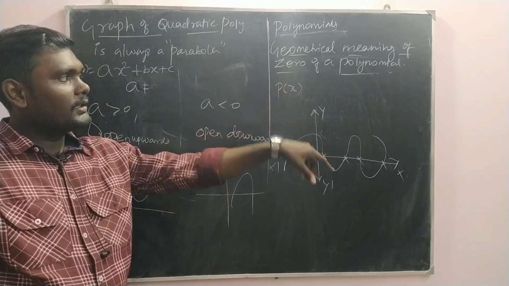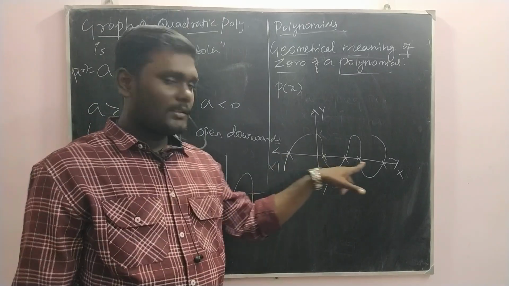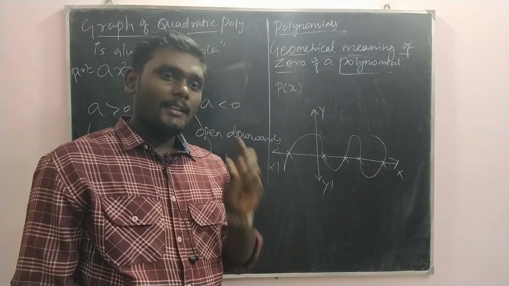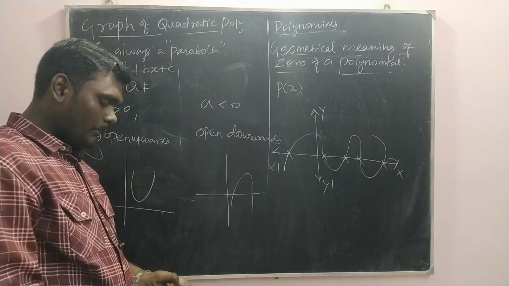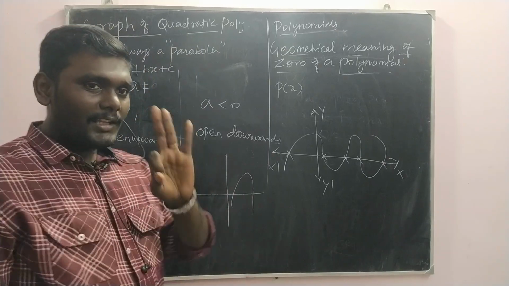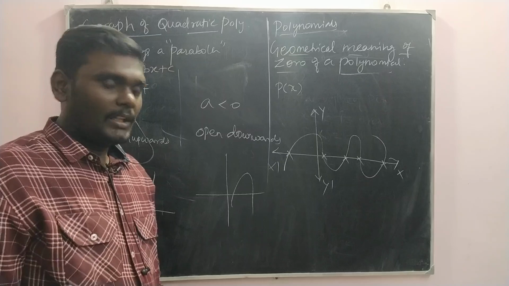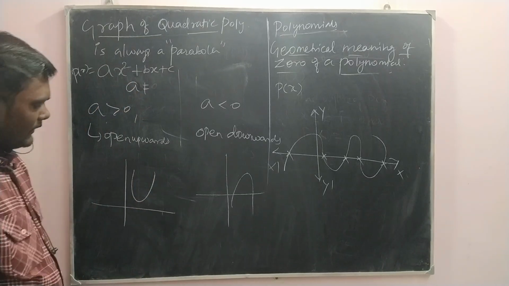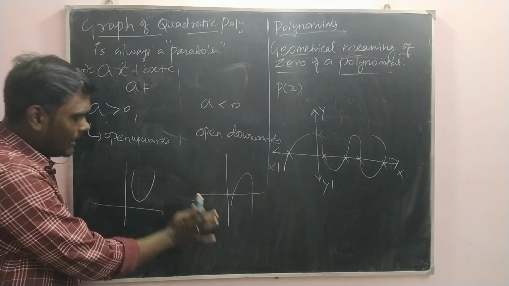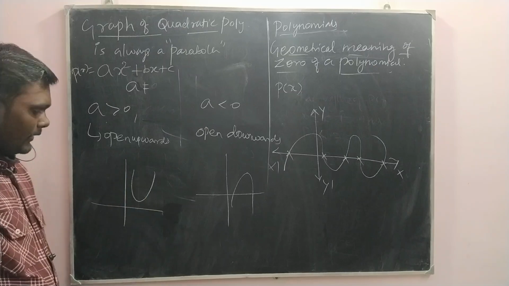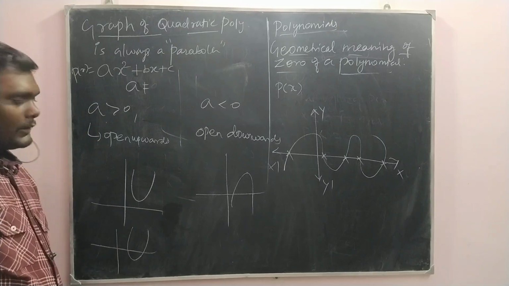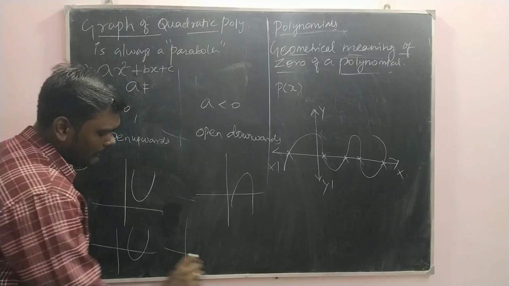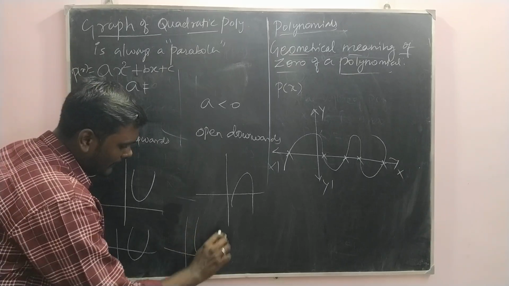As per the definition, the number of points at which the graph intersects the x-axis, that many zeros the polynomial has. So when it opens upwards, there are 3 cases. What are those 3 cases? Either it will not intersect the x-axis at any cost, or it will intersect the x-axis at exactly 2 points, or it will intersect the x-axis at exactly 1 point.